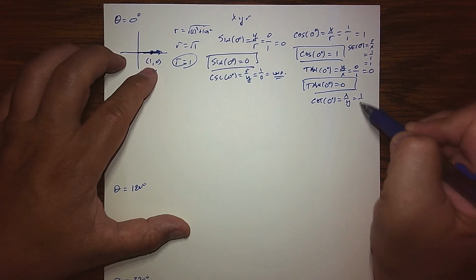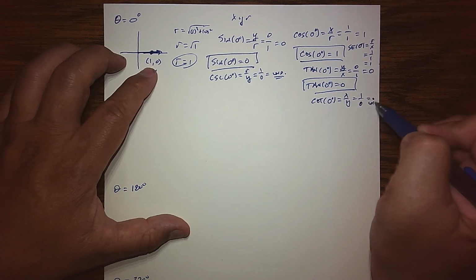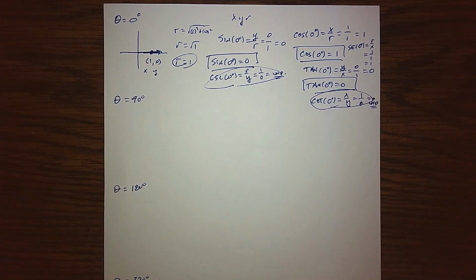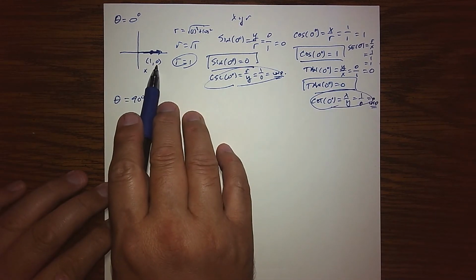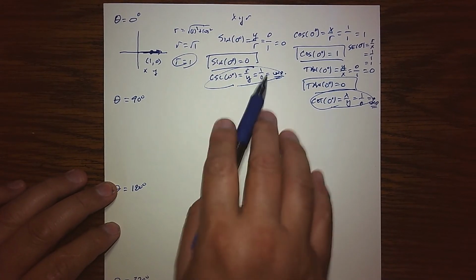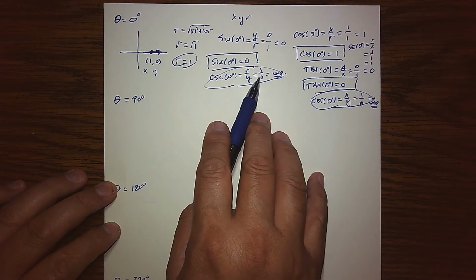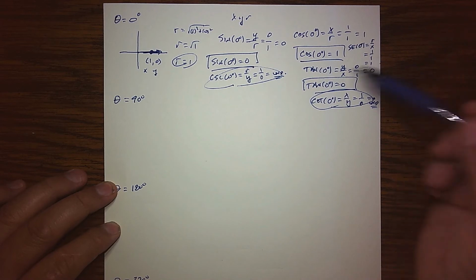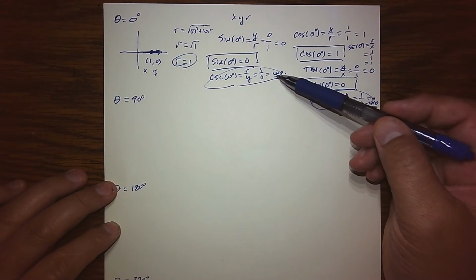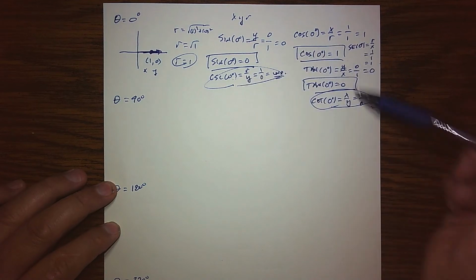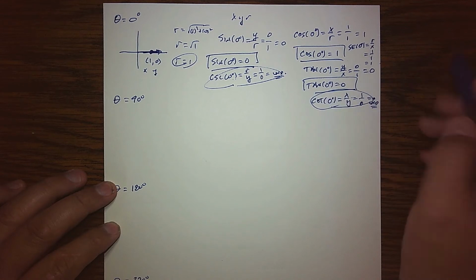For the ordered pair I have, this is 1 over 0, which is again undefined. So because one of our coordinates is 0, we start having division by 0 problems. And from the review, recall, when I have a division by 0, I have vertical asymptotes. So you can already start to get a feel. I'm way into chapter 4, but you can see previous knowledge giving me a preview of what's happening. So at 0, cosecant and cotangent are going to have some issues with regard to graphs, but we'll talk about that in chapter 4.